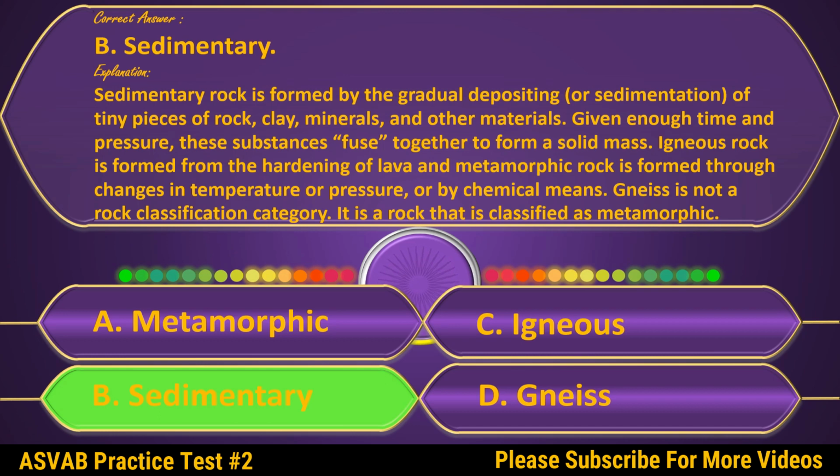Given enough time and pressure, these substances fuse together to form a solid mass. Igneous rock is formed from the hardening of lava, and metamorphic rock is formed through changes in temperature or pressure or by chemical means. Gneiss is not a rock classification category. It is a rock that is classified as metamorphic.